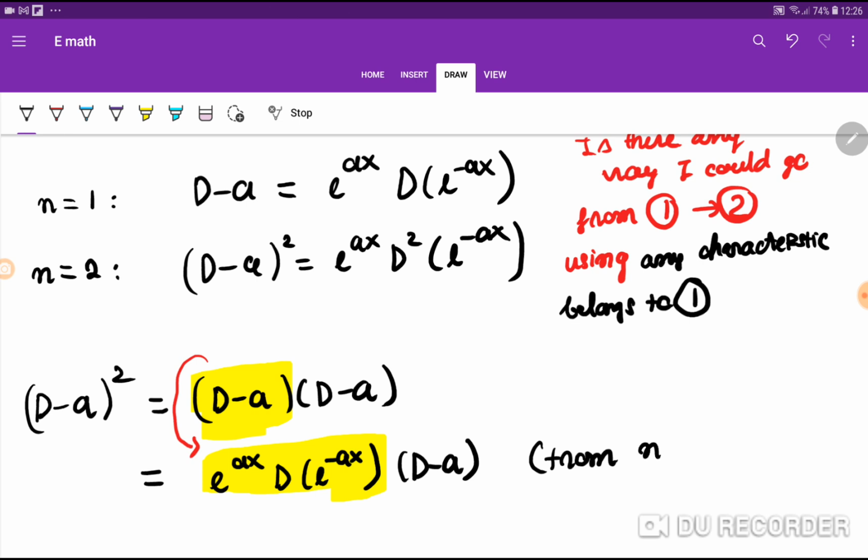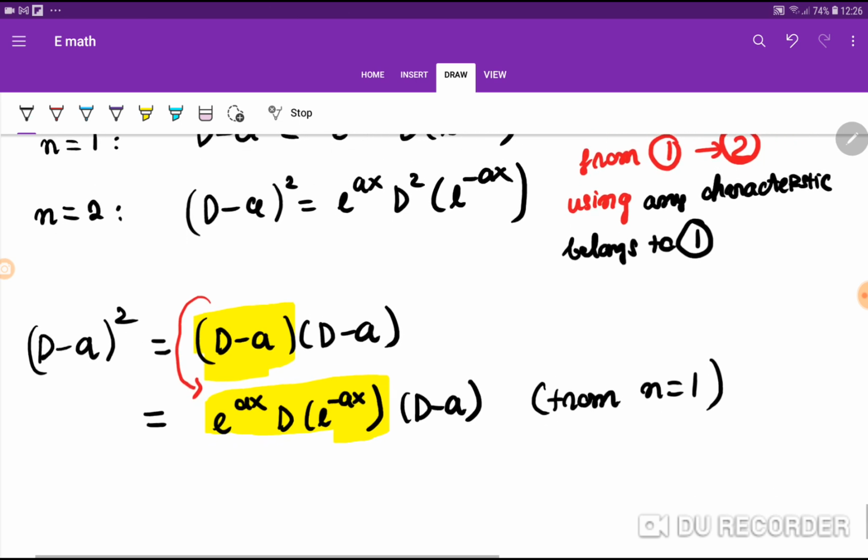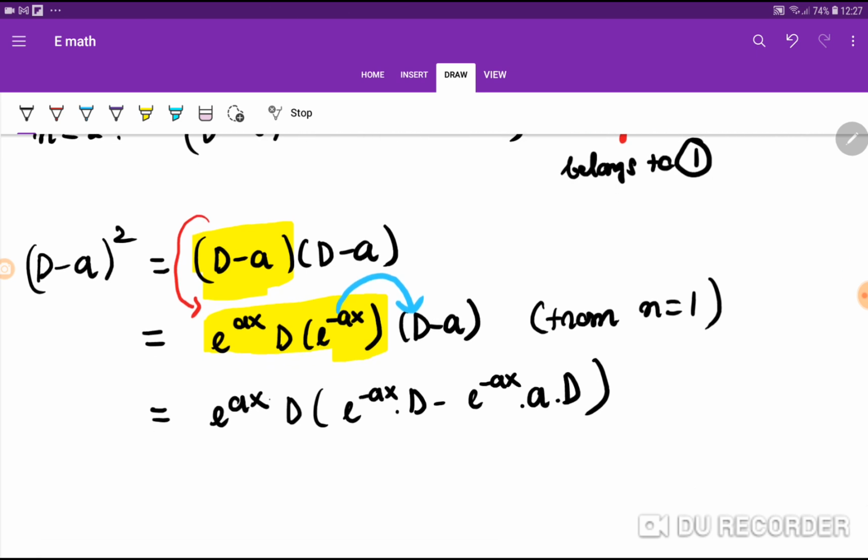And then what I'm gonna do is something very insane, I cannot imagine I do it too, but I'm gonna go ahead and times e to the power negative ax there. So it would be d e to the power ax times d minus e to the power ax times a is d. Yeah, I times them.